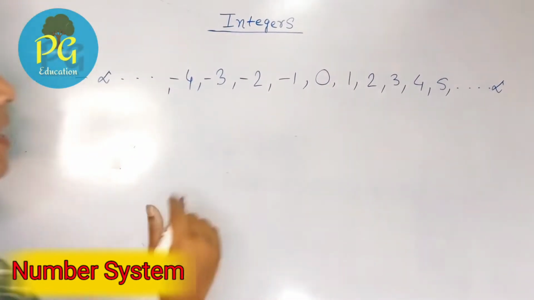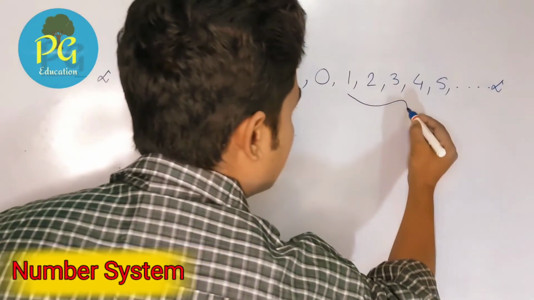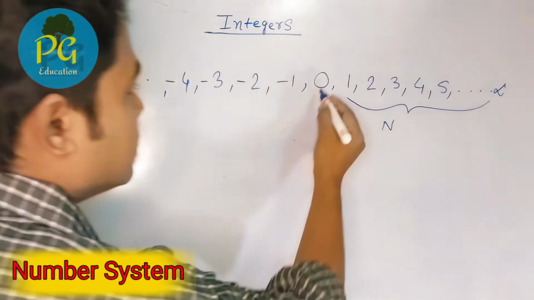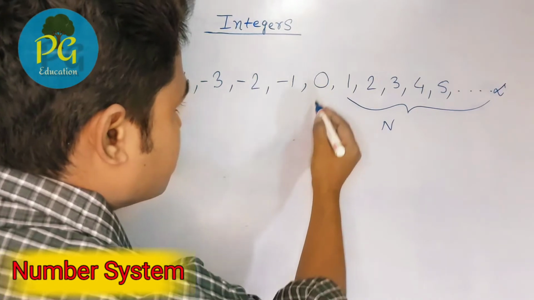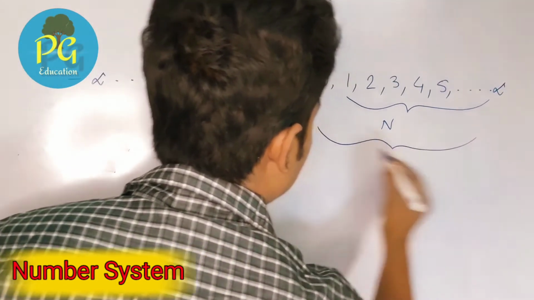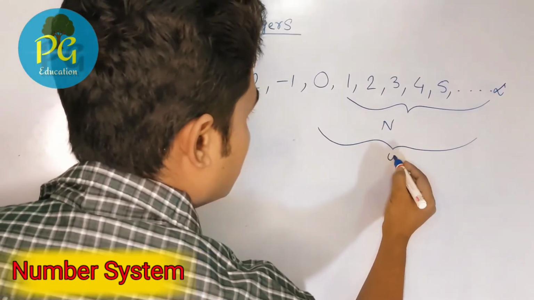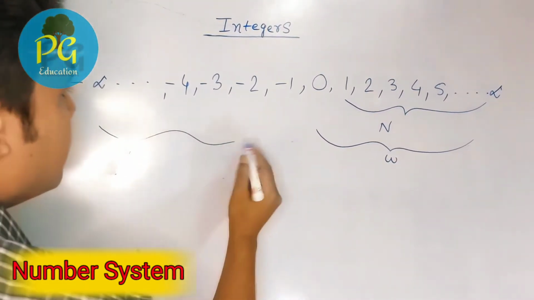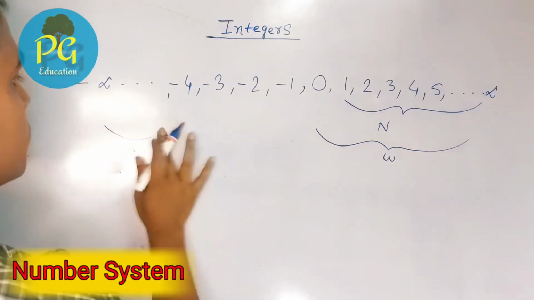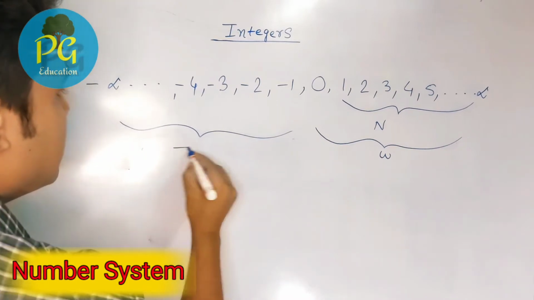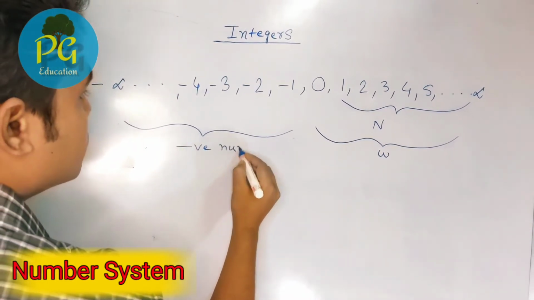So here you can say these are natural numbers, these are whole numbers including 0, and these are negative numbers.